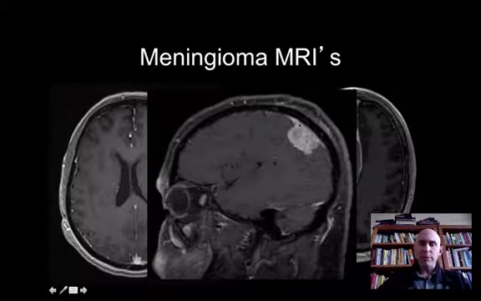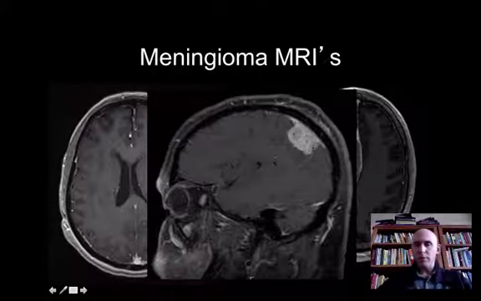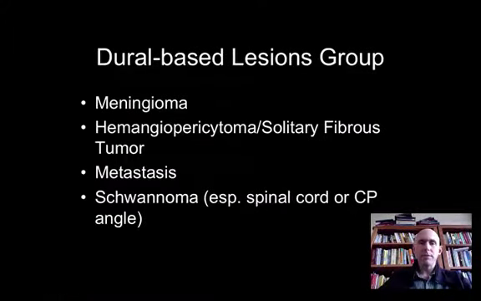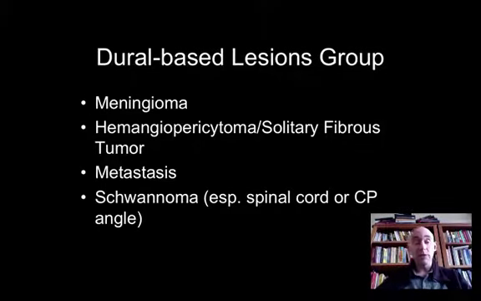You can see them in multiple profiles. Here's a sagittal where there's a very sharply demarcated tumor pushing into brain from above with a little bit of a dural tail on it. That's classic for meningioma.